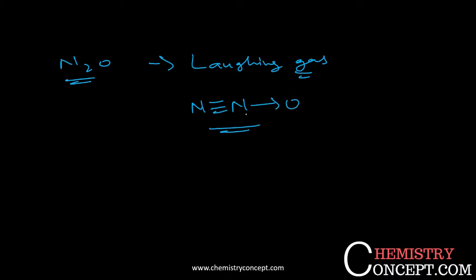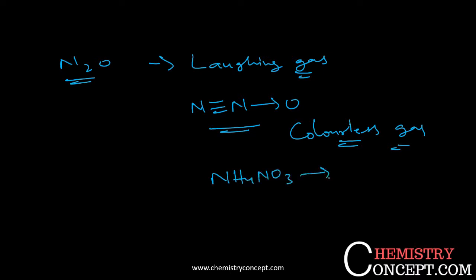This nitrogen is sp hybridized, and this is a colorless gas, and this is diamagnetic in nature. It can be prepared by ammonium nitrate dissociating into N2O and H2O.